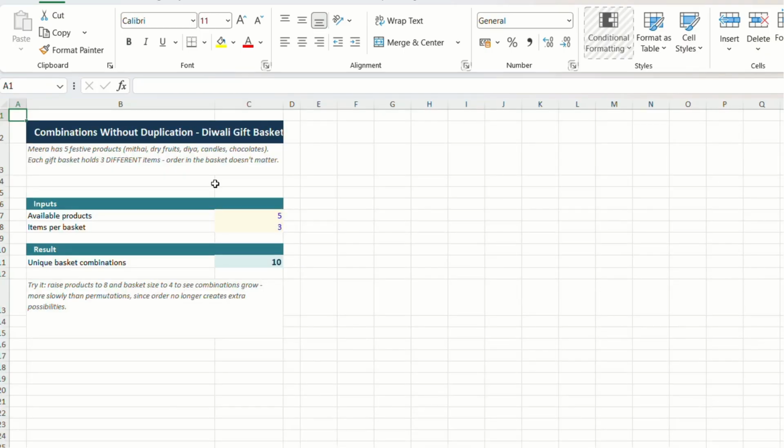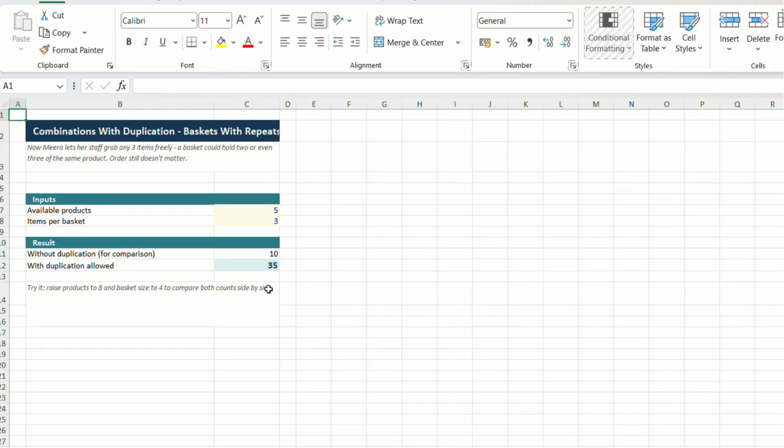Combination without duplication, where order does not matter and repeats are not allowed, which has 5 available products, but only 3 items can be placed. So we have combinations of 10 unique baskets, where no order matters, repeats not allowed.